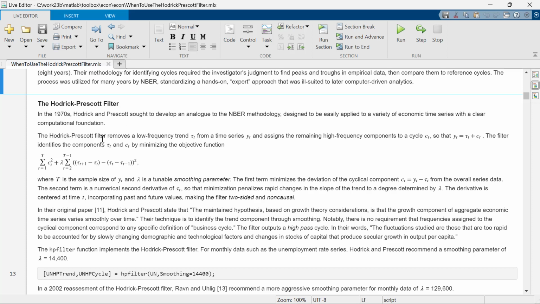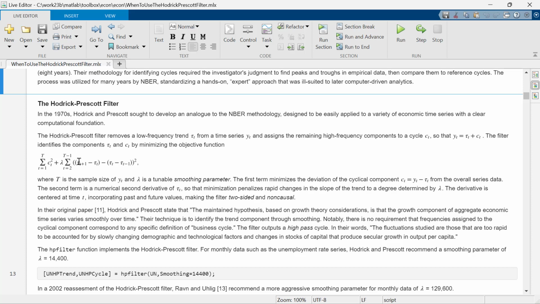So in the 70s, Hodrick and Prescott were two researchers who also worked at NBER, but were interested in using these new computers to come up with a version of the Burns and Mitchell methodology that could be used on computers, easily applied to a lot of different macroeconomic time series, and easy to see how it was creating the outputs.